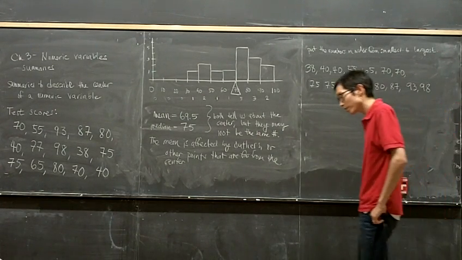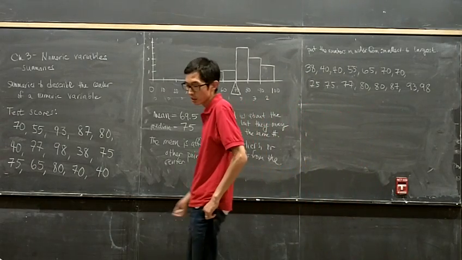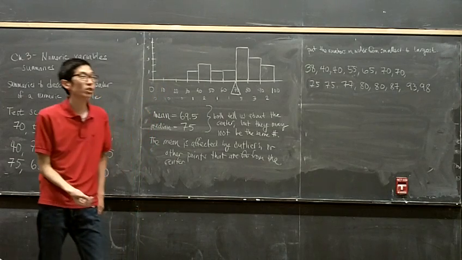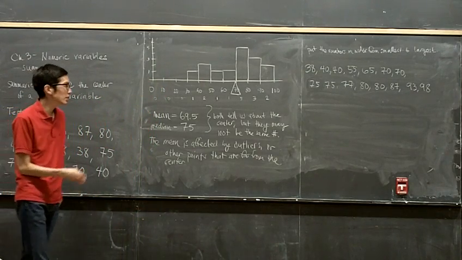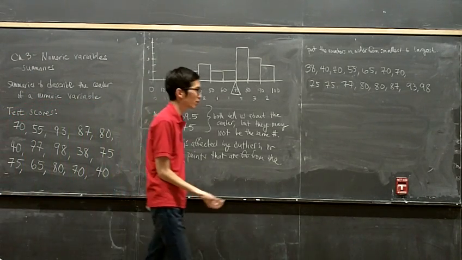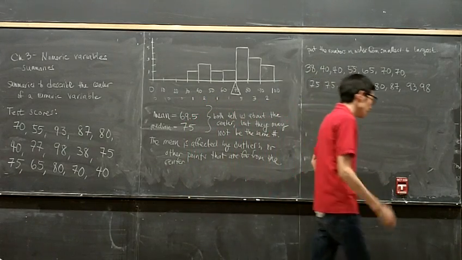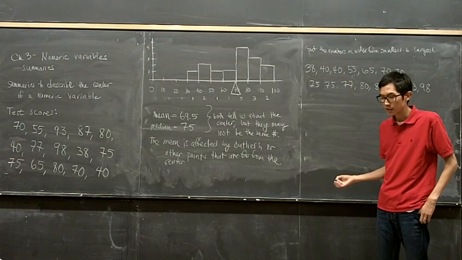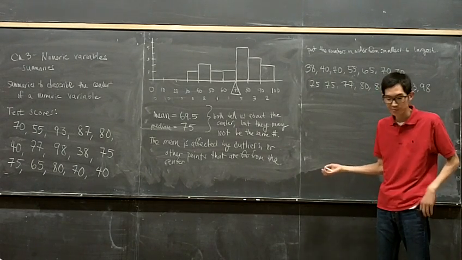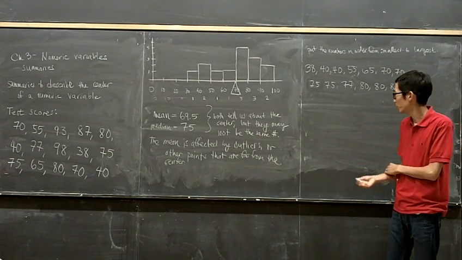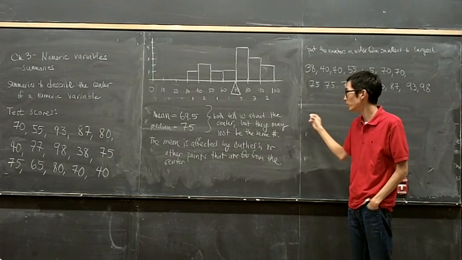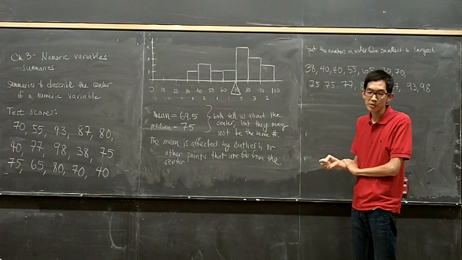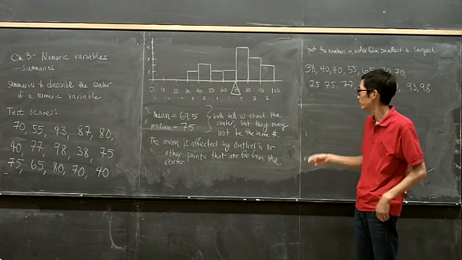Because of this, some people say the mean is more useful for symmetric distributions, and the median is more useful for skewed distributions. I don't necessarily agree with that, but there is some validity to that point. So the mean and the median both give you an idea of center, but they also have, I guess, different purposes.